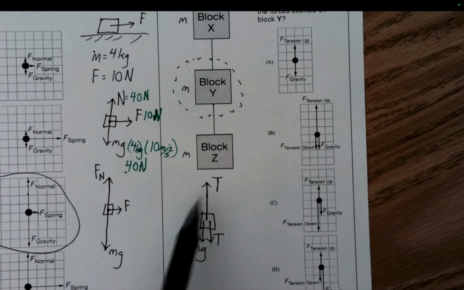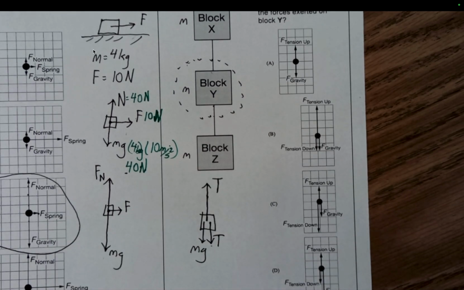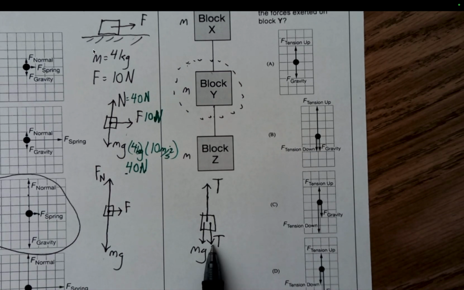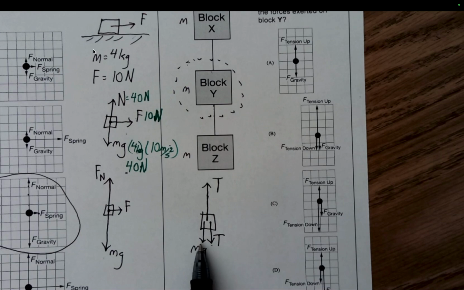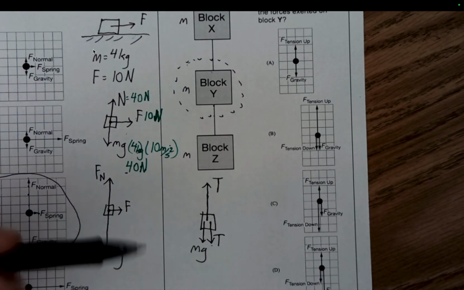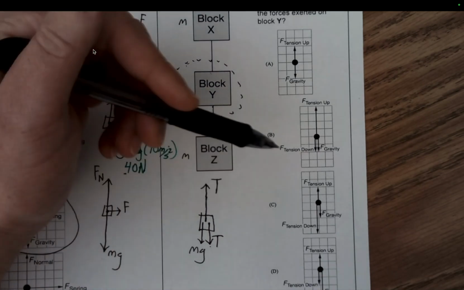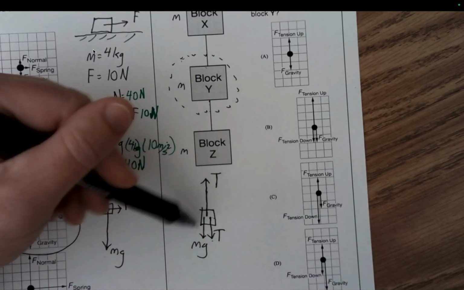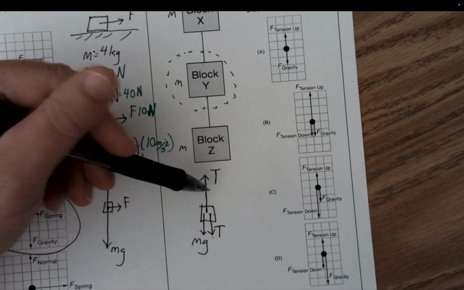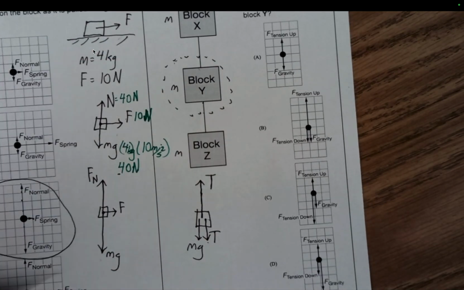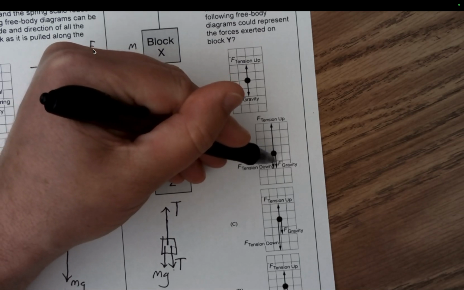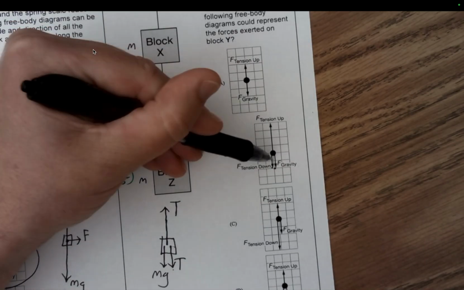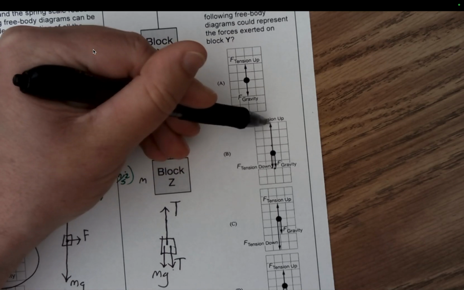And if block Z has the same mass as block Y, then the tension from block Z is going to equal the weight of block Y. So now that I have that, I need to have this force down equal to this force up. So as I bring it over to here, if I have 1, 2 down and 1, 2 down, that should equal this 1, 2, 3, 4 up.